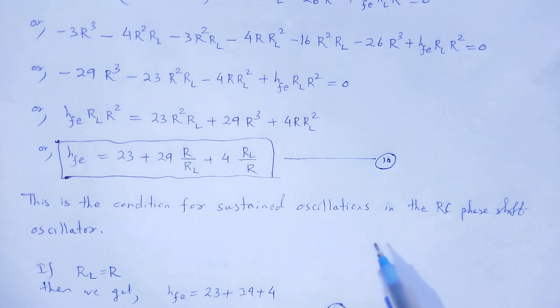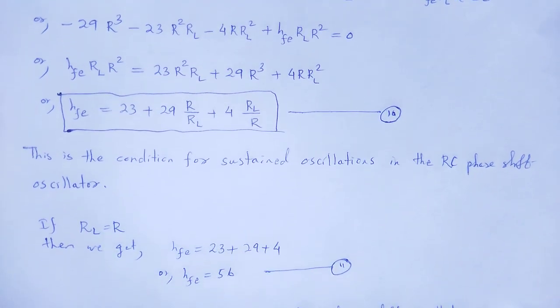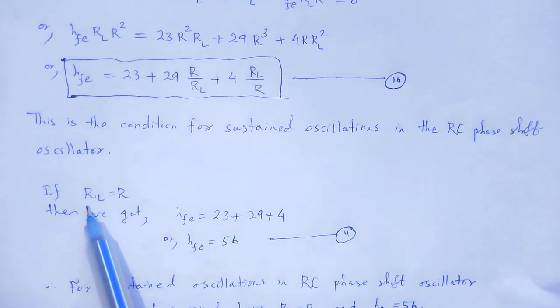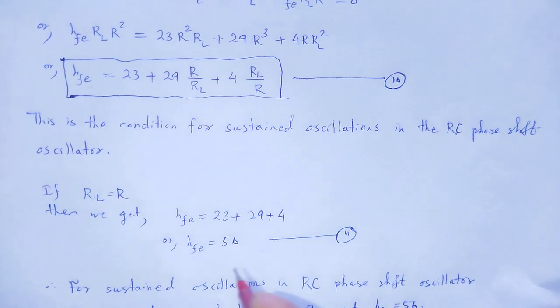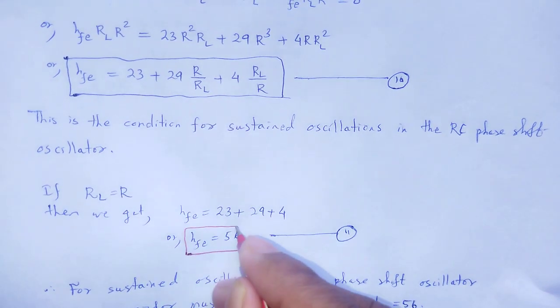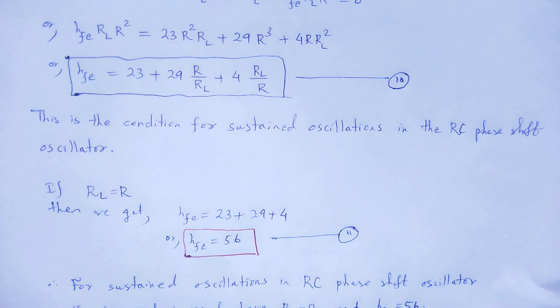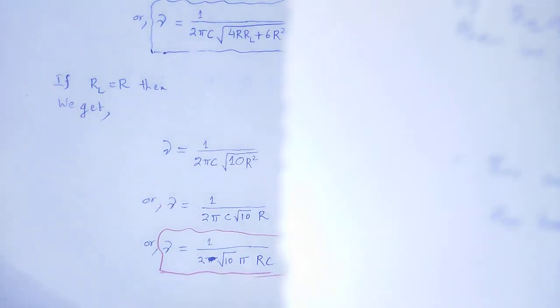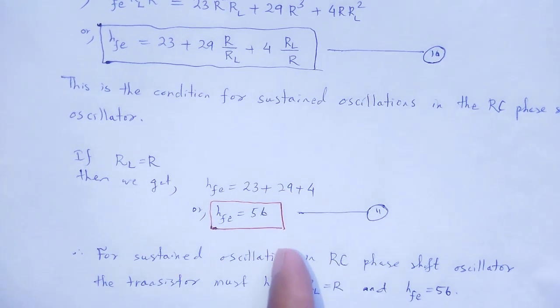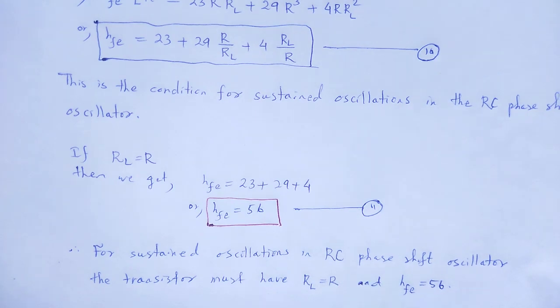This is the condition for sustained oscillation for RC phase shift oscillator. The condition is if RL is equal to R, then hFE is equal to 56. For sustained oscillation, RL is equal to R and hFE is equal to 56 in case of RC phase shift oscillator. That one is the frequency, this one is the hFE for sustained oscillation in case of RC phase shift oscillator.